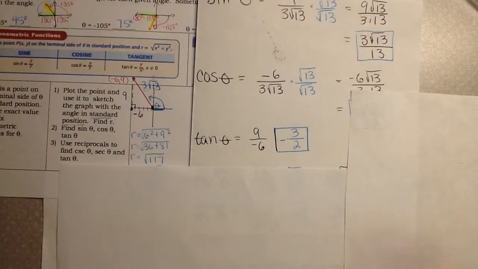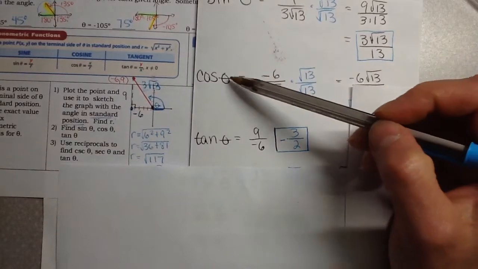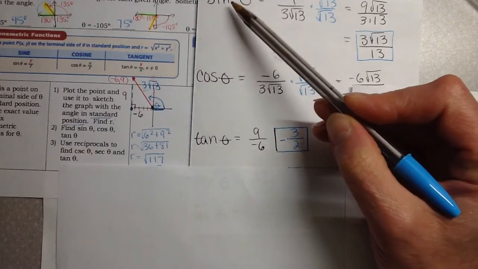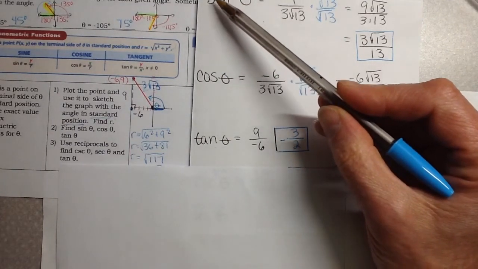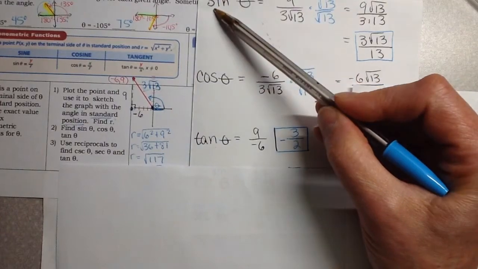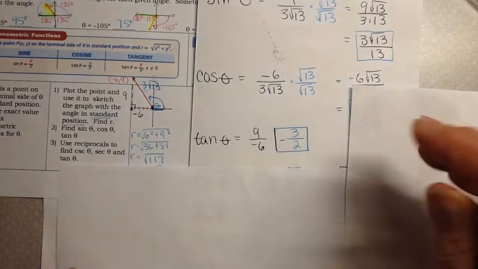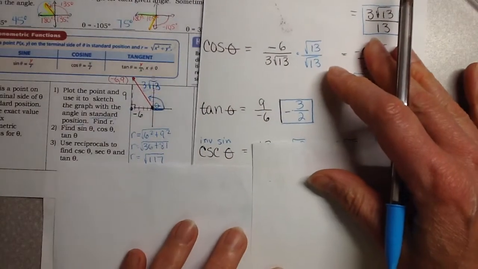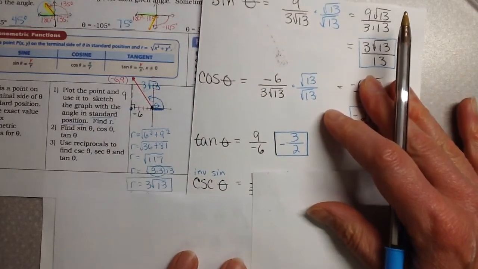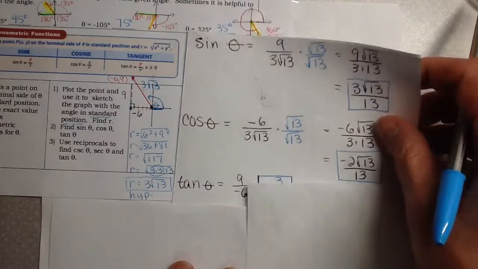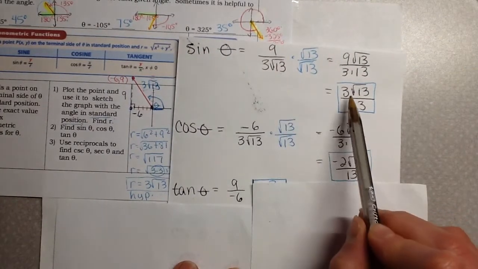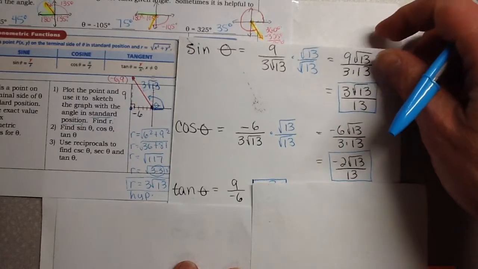We'll take the reciprocal. Remember, there's always one c with each of these. Cotangent's an easy one to find, so you have secant and cosecant. Since each one has to have a c, sine goes with cosecant. Remember that cosecant is the inverse of sine. The sine of theta was 3 times the square root of 13 over 13.